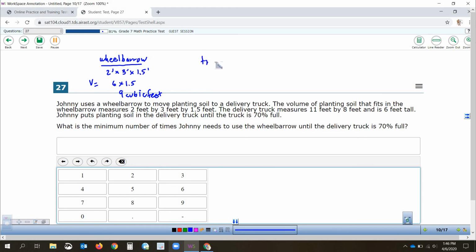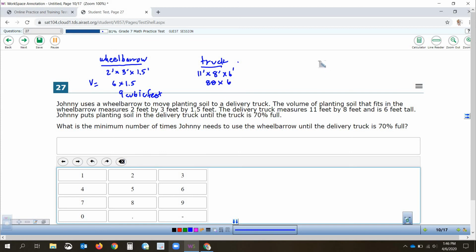All right, then we have the truck. The truck is 11 feet by 8 feet by 6 feet. So that's going to be 88 times 6.